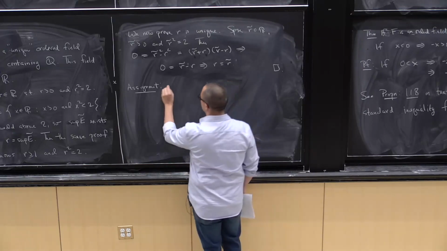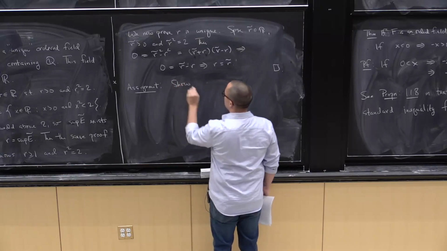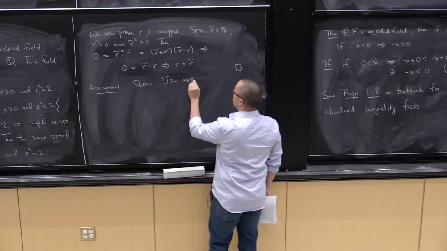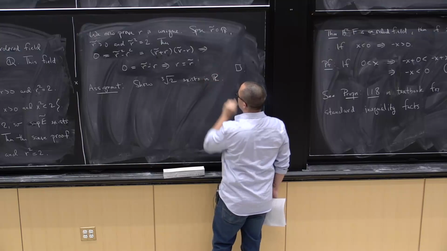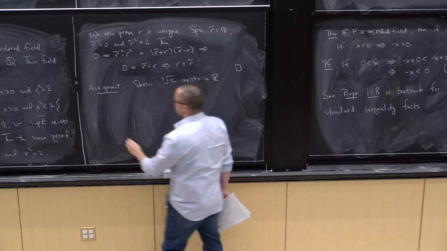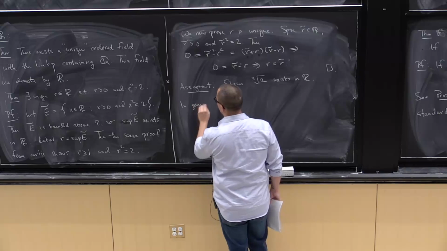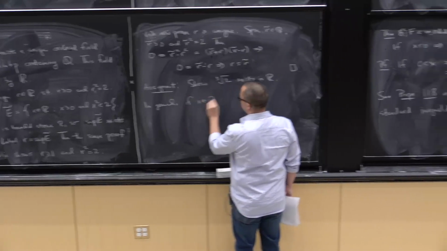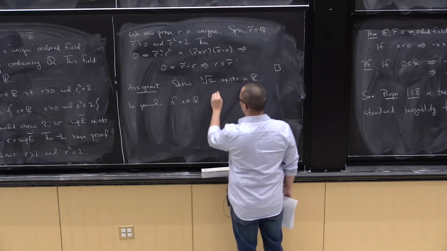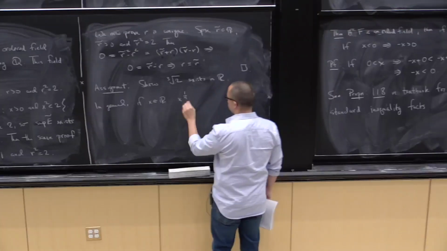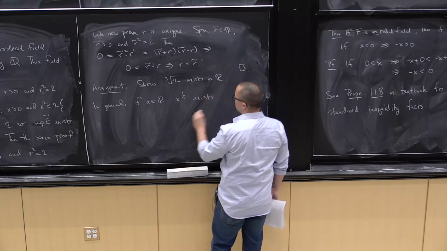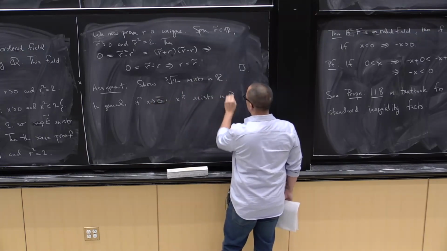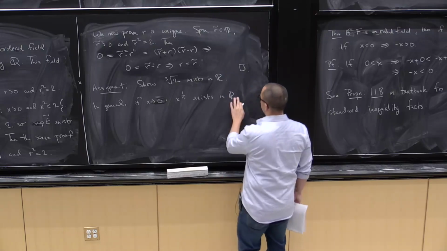But you can then show that a cube root of 2 exists in R. And we'll not prove this, but you can show in general that if x is in R, I should say x is positive, then x to the 1 over n exists for all natural numbers n.